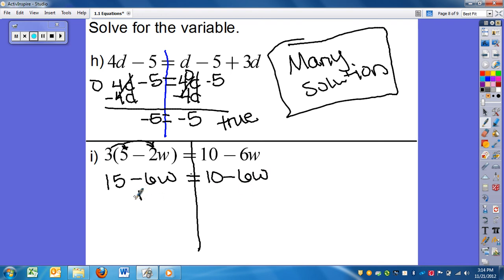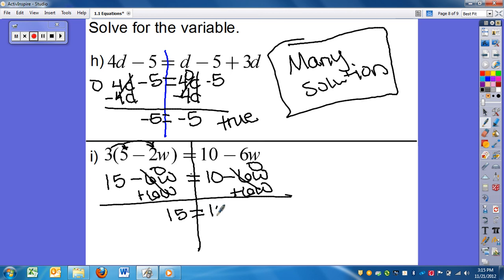But when I move my variable term 6w, this becomes 0, and so does this. So I'm just left with 15 equals 10. Now 15 does not equal 10. If you had $15 and your friend had $10, you do not have the same amount. So this is not true. So in this case, we write no solution.